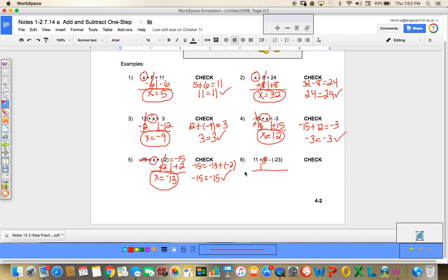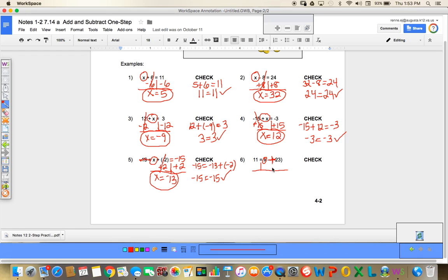Subtracting a negative is the same as adding a positive. So when you see this, the easiest way to tackle these problems is to just change the minus and the negative to a big plus sign, like this.